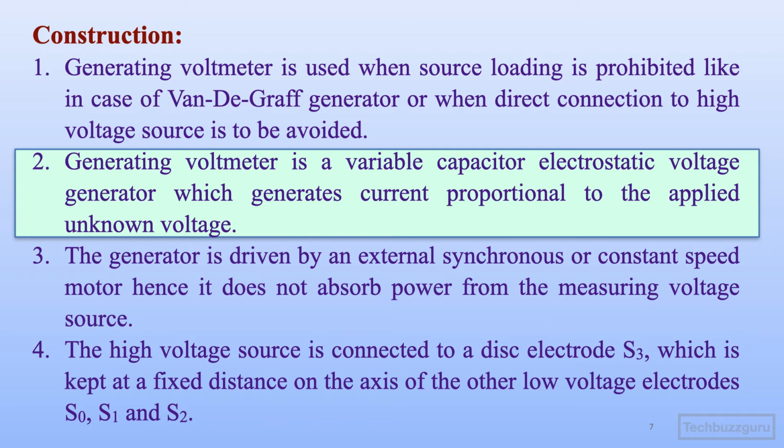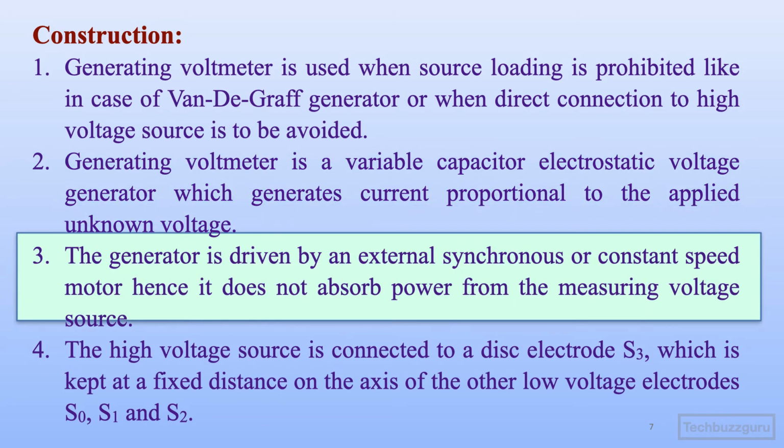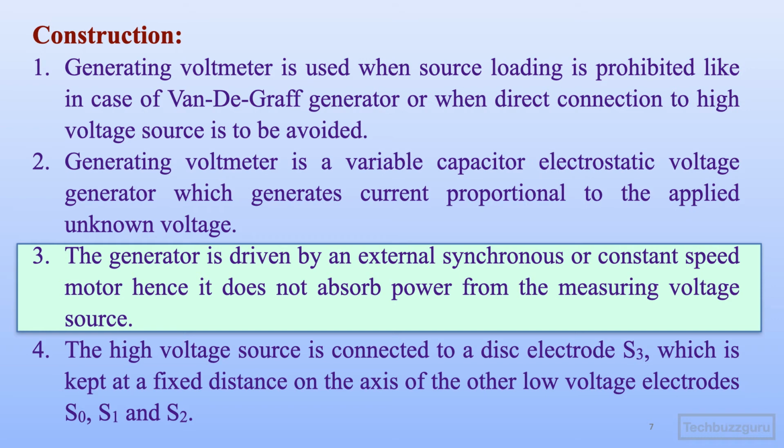A generating voltmeter is a variable capacitor electrostatic voltage generator which generates current proportional to the applied voltage. So this statement gives a clear-cut view of the operation of a generating voltmeter. The generator is given an external mechanical power input from a synchronous or constant speed motor. Hence, it does not absorb power from the measuring voltage source.